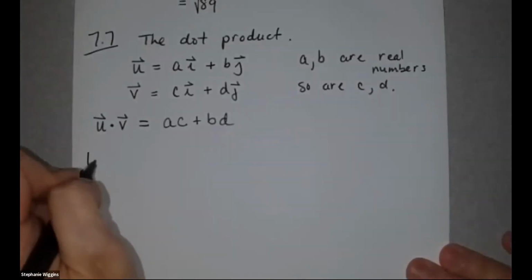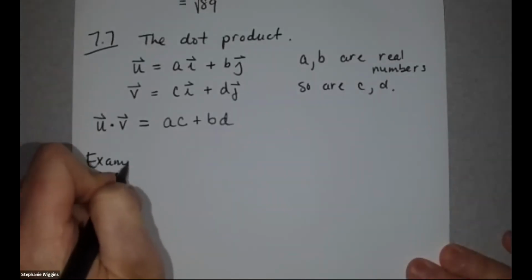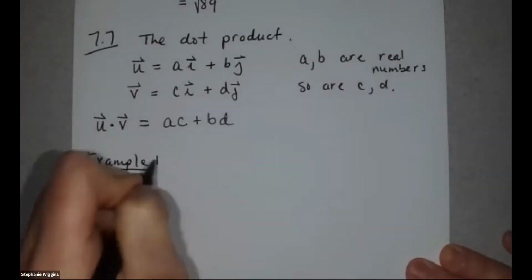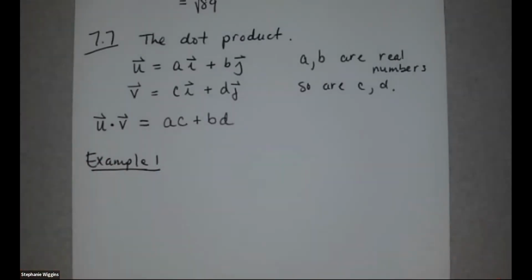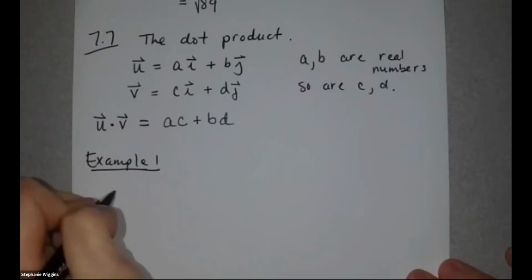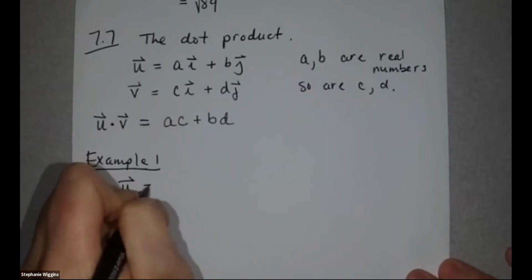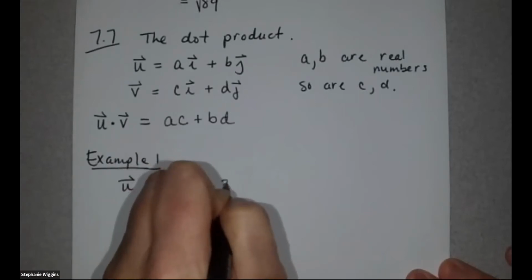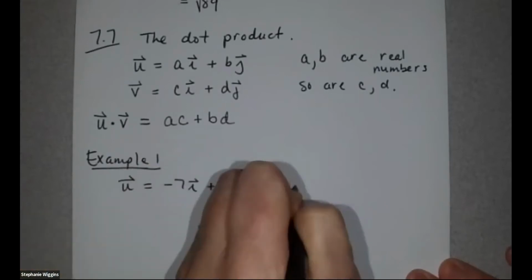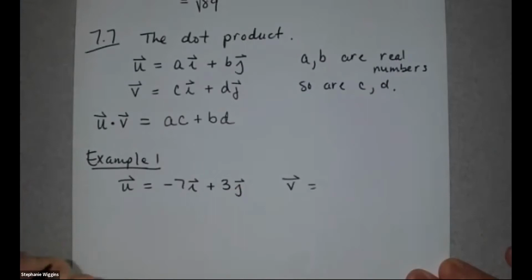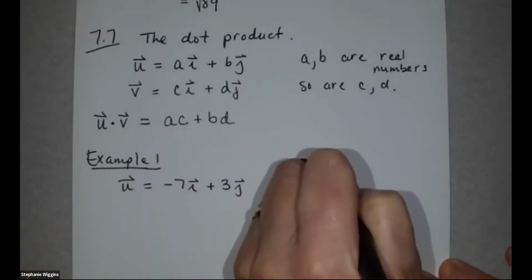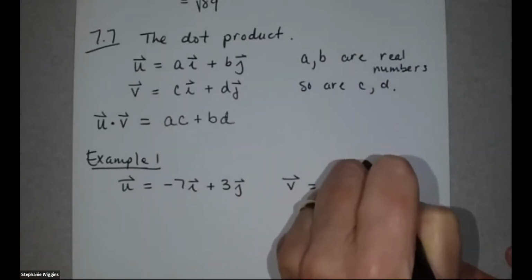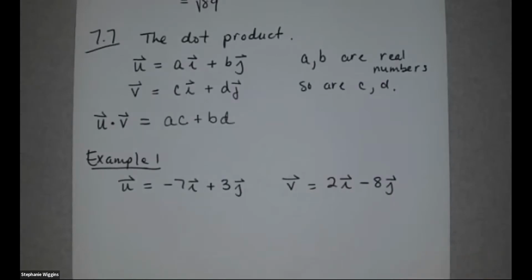So for example, let's suppose you have u is equal to negative 7i plus 3j, and your v is 2i minus 8j. Okay?